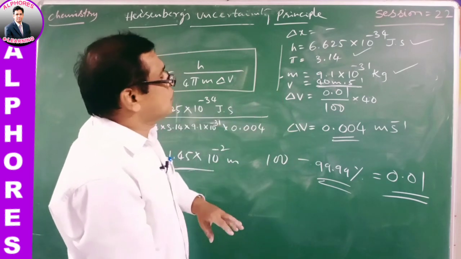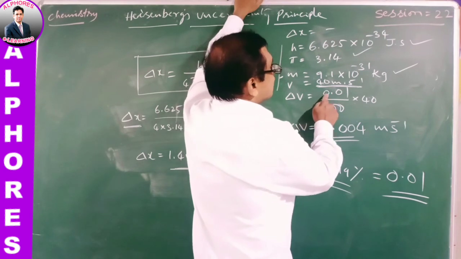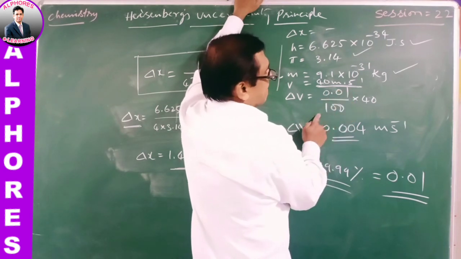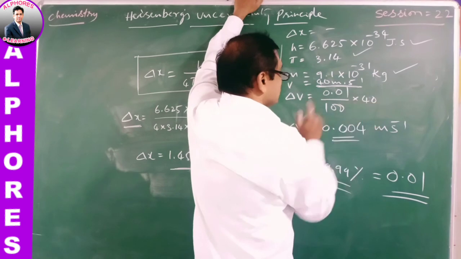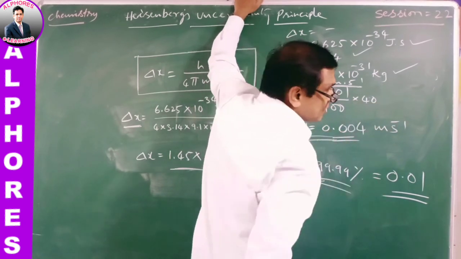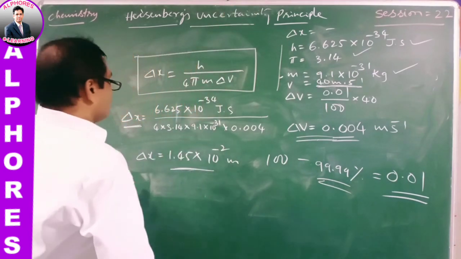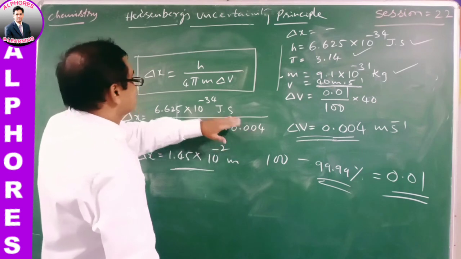So it is 0.01 by 100 into 40. So the uncertainty is this much, very small. Therefore delta V, substituting all the values in this.